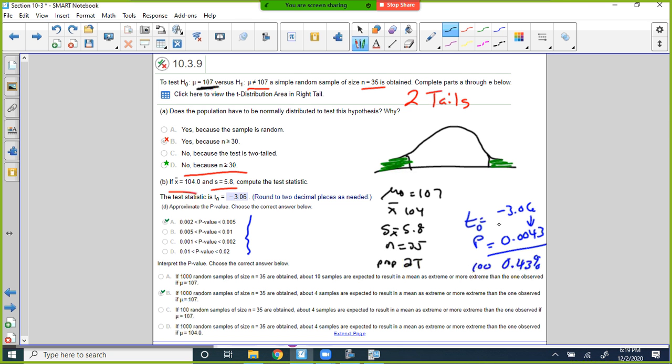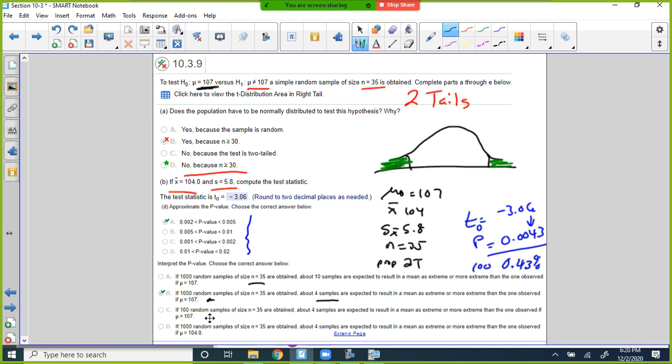So in 1,000 people or 1,000 samples of size 35 are obtained. 1,000 random samples, because look at where it's at. We couldn't say 100, right? Because that's 0.43, right? 1,000 random samples of 35 are obtained. 4 samples are expected to result in a mean as extreme or more extreme than the one observed right there.